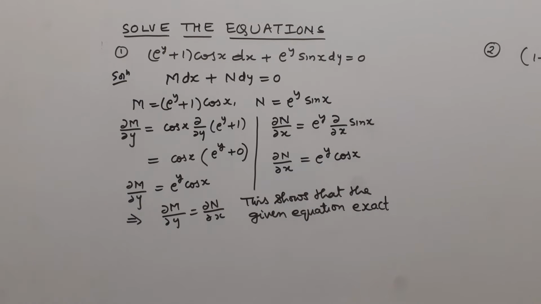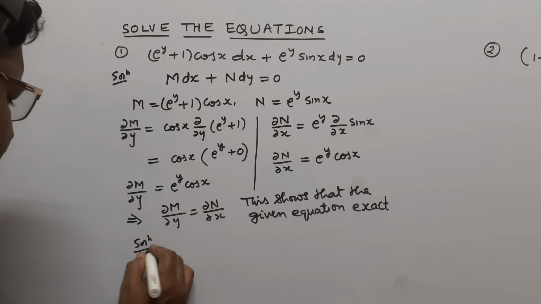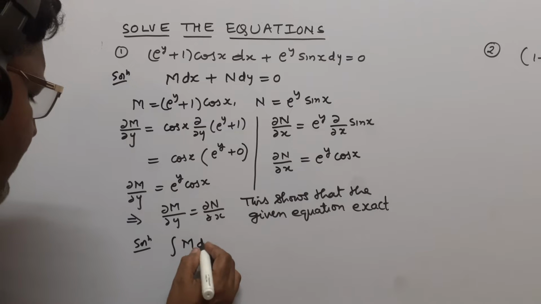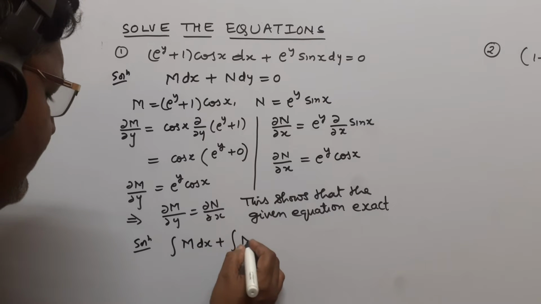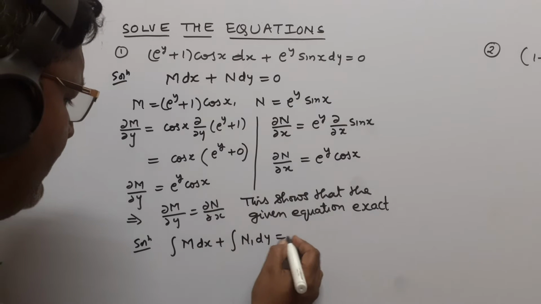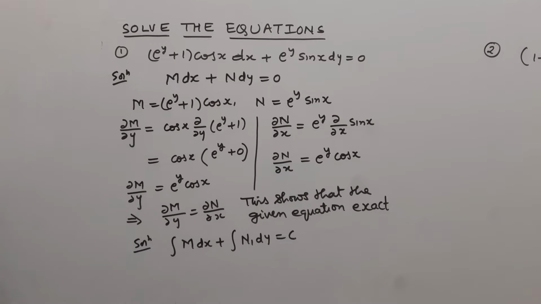Now we find out the solution of this equation. So the solution of this given equation is integration of M dx plus integration of N1 dy is equal to c.